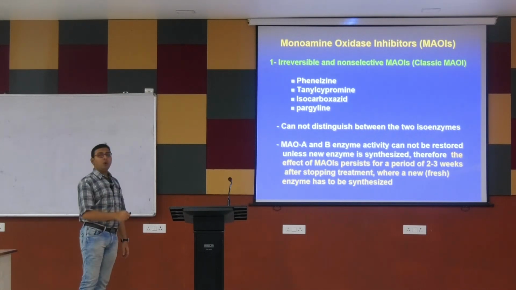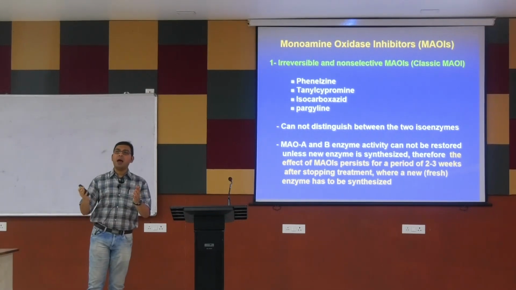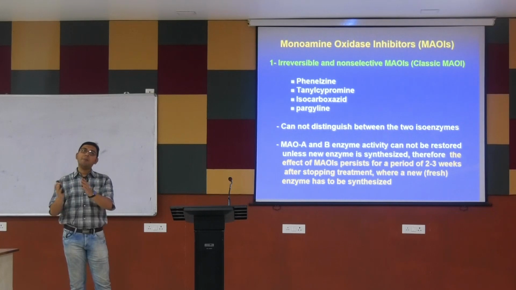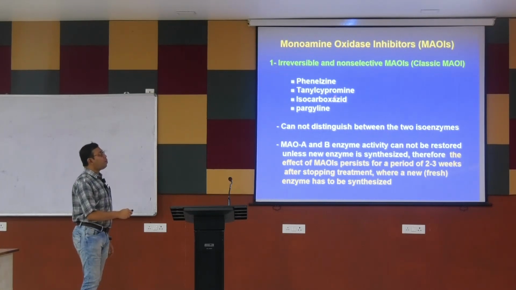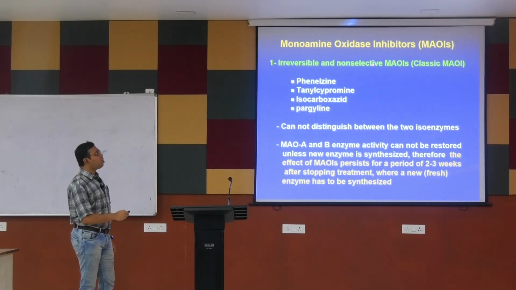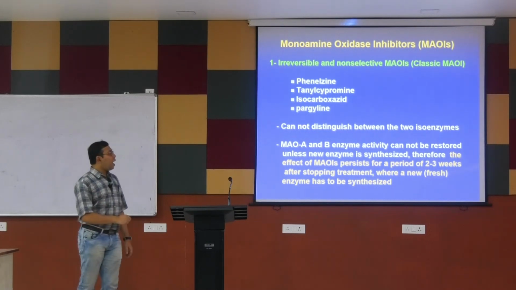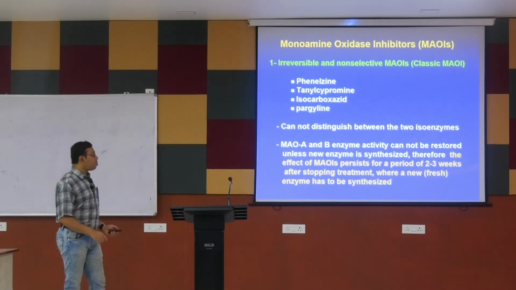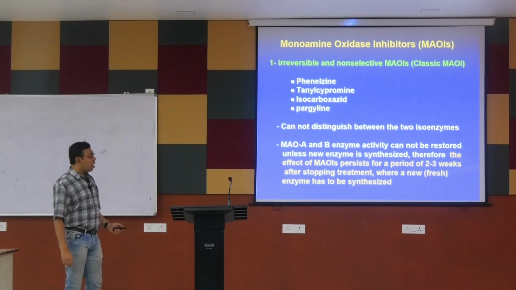But most commonly we have different types of non-selective inhibitors, that is, they block both MAO-A and MAO-B. Examples are phenelzine, tranylcypromine, isocarboxazid and pargyline. These are irreversible and non-selective MAO inhibitors, also known as the classic MAO inhibitors. They cannot distinguish between the two isoenzymes. Their activity cannot be restored unless a new enzyme is synthesized.